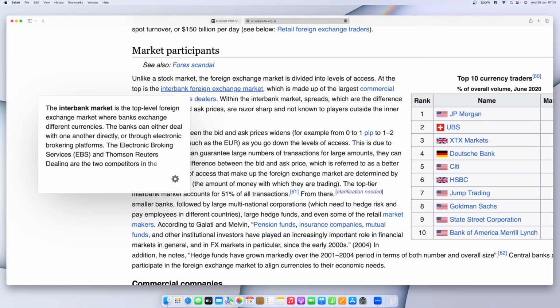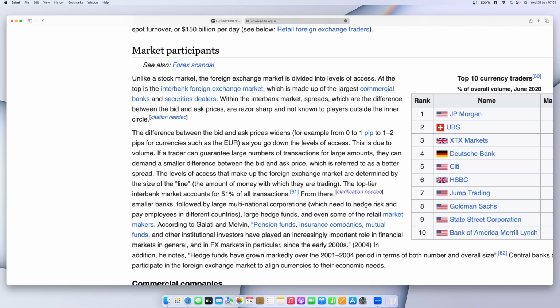The banks can either deal with one another directly or through electronic broking platforms. The electronic broking services, that is EBS, and Thomson Reuters Dealing are the two competitors in the industry, I believe. But at the top, the foreign exchange market is divided into levels of access, right?